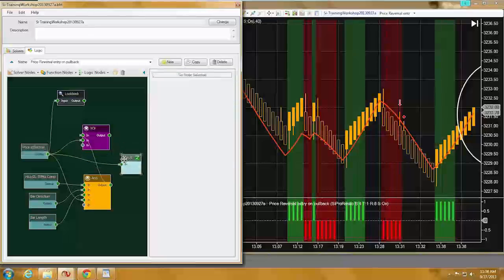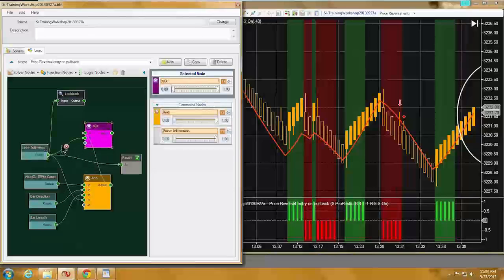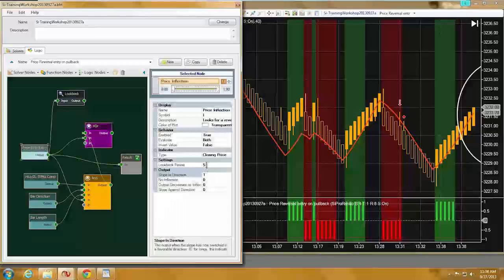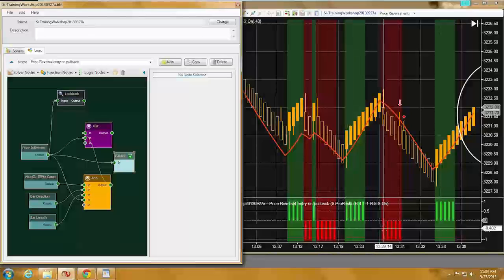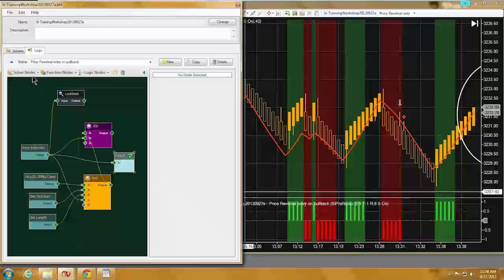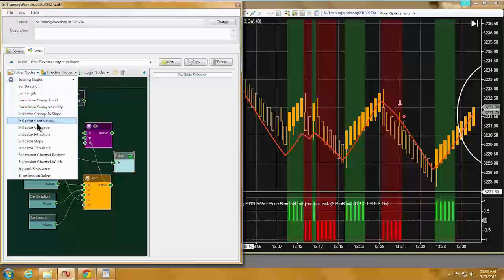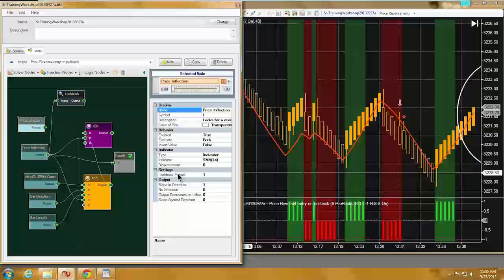This is not working now because the XOR is not going to work correctly for our situation, because I have this Lookback period of 5, so I'm getting 5 bars with our short and long signals. What I need to do is build another inflection solver here, and this inflection solver is just going to have a Lookback of 1.